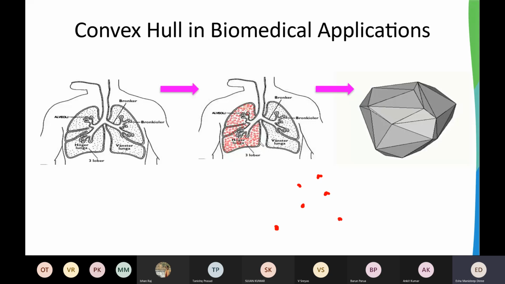If you compute the convex hull of the location of the molecules, you will get a rough shape of your lung. I don't know exactly how this is useful, but I guess they'll look for some deformities in the lung shape. So this is one application.